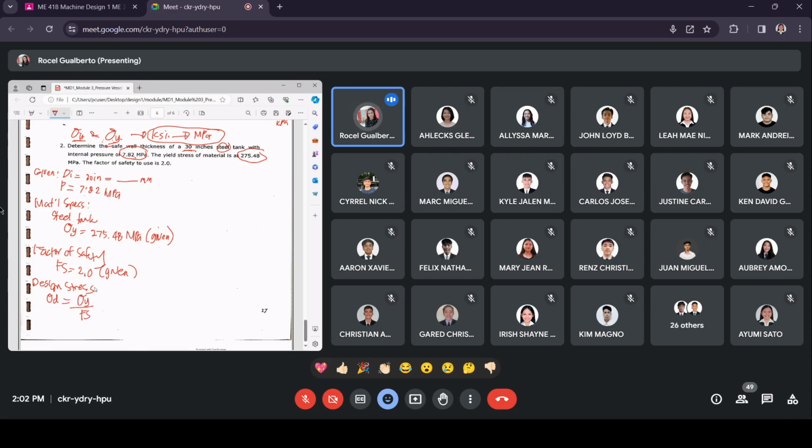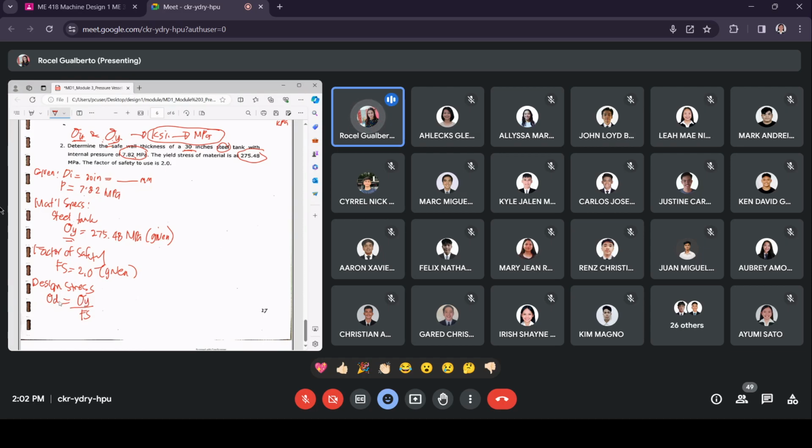Now, the question is, how do you know that you will be using sigma Y over factor of safety? You do not know whether the material is ductile or brittle. Since yield strength is the only given here, we have to base the design on the yield strength of the material.